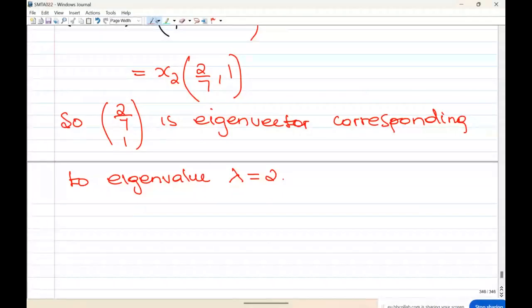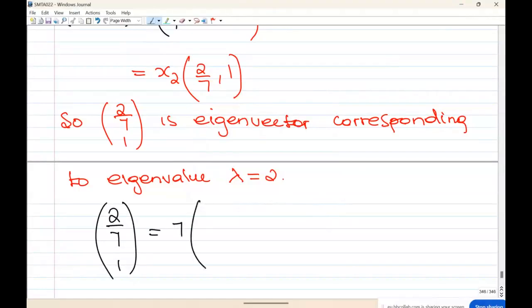Okay, fine. If you take 2 over 7 and then 1, you take out a common factor of 7. What is going to happen? You are going to be left with what inside the square root? You'll have 2 and then 1 over 7.